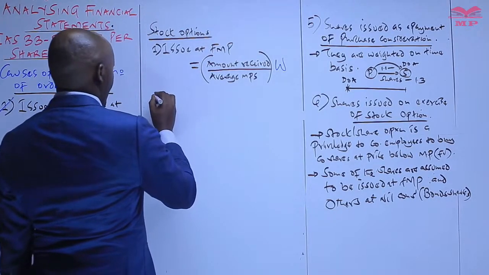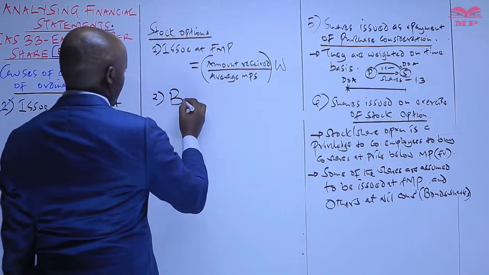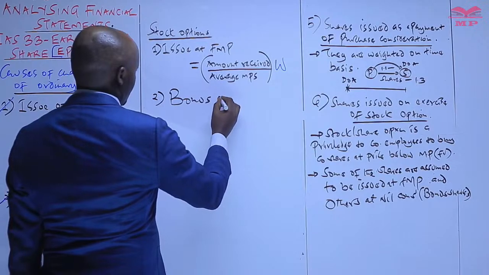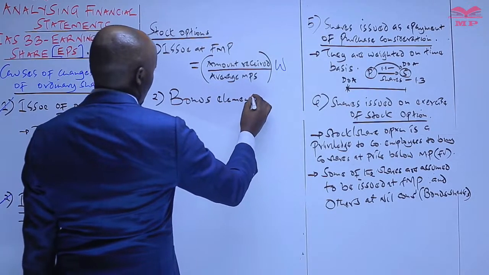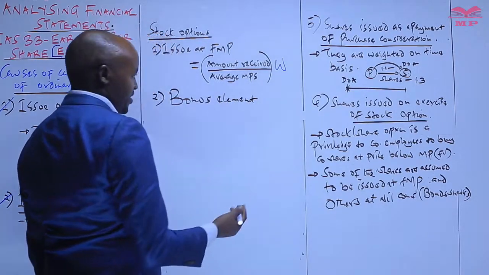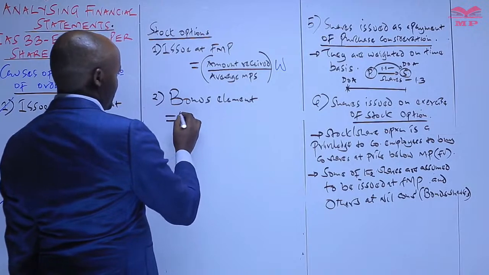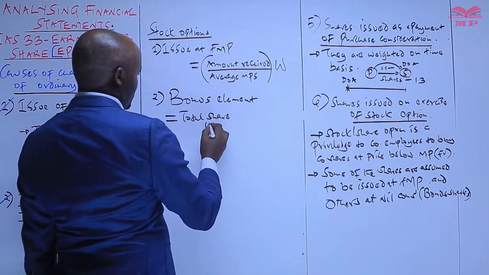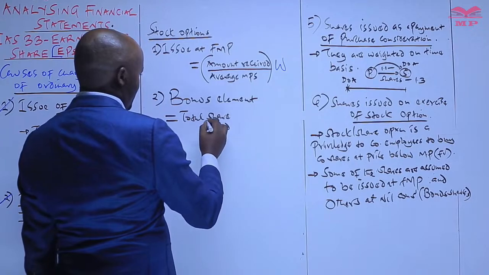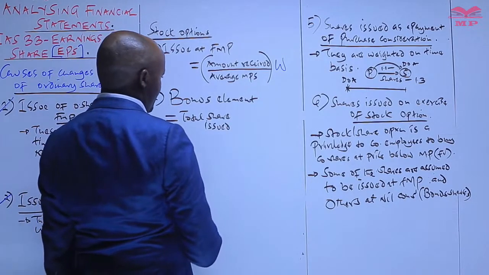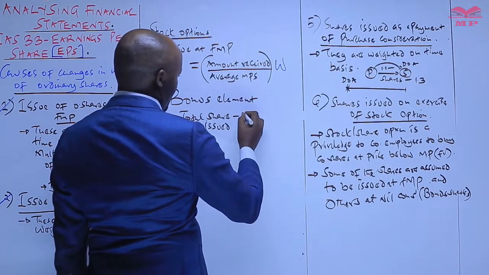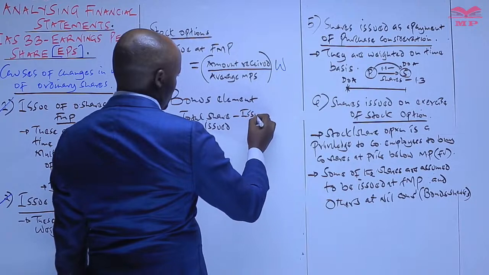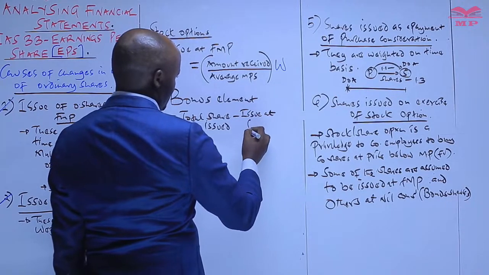And number 2, we determine the bonus element. Bonus element: these are shares which are issued free of charge. This is the formula which we use. First of all, take the total shares which were issued to the employees of the company, and then deduct the shares issued at full market price.